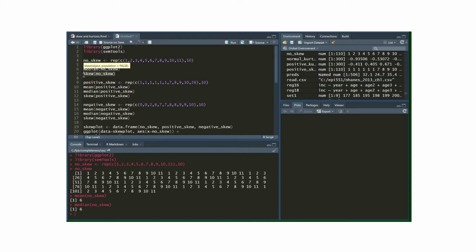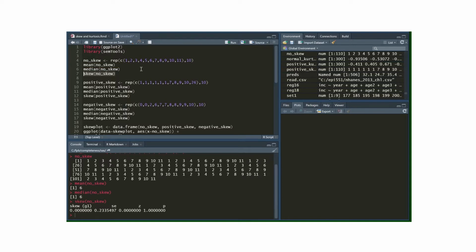So the skew can be thought of as a measure of the extent to which the mean is different than the median. Now in this example, the difference is 0, and so the skew should be 0, and in fact it is. And you'll see that the skew function gives us some other statistics, which we will not worry about today, but in a few weeks you will actually know what these other things mean as well.